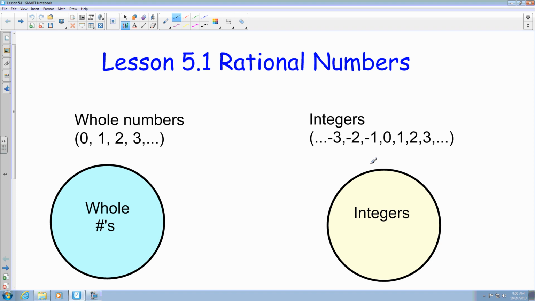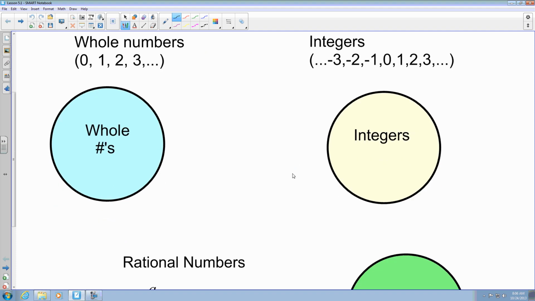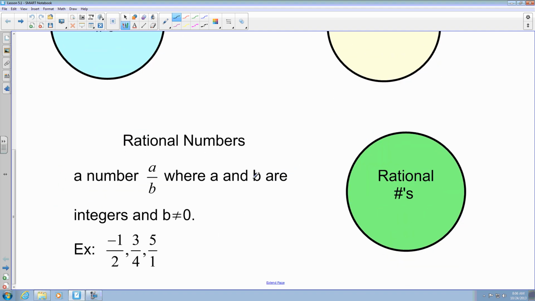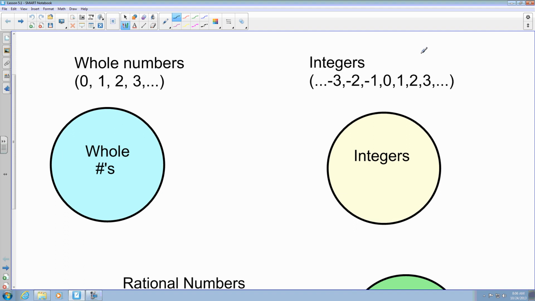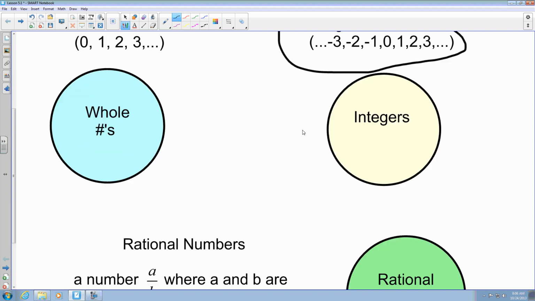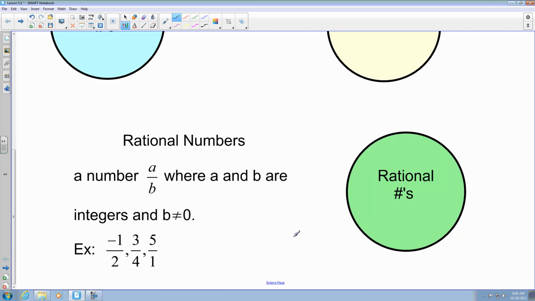We tell you this because a rational number is a number that you get if you take a divided by b, where a and b are integers, and b does not equal 0. The reason why b cannot equal 0 is because if you were to punch this into your calculator, you would get an error code, and dividing anything by 0 is considered undefined.